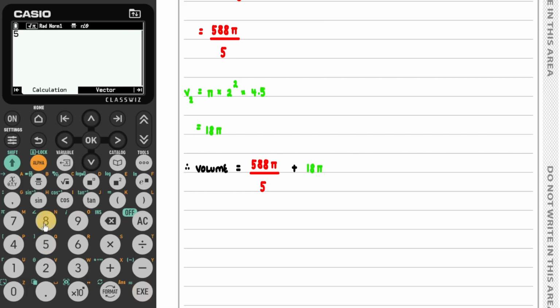I've got 588 pi over 5 plus 18 pi. As a decimal we get 425.99, etc. So we have 426 centimeters cubed.